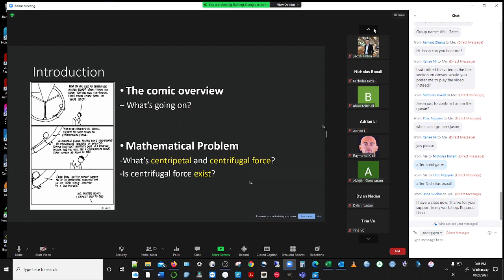Mr. Brown denied the existence of the centrifugal force. He believed that there was the centripetal force, because Mr. Brown claimed the centripetal force made the centrifuge do circular motion.